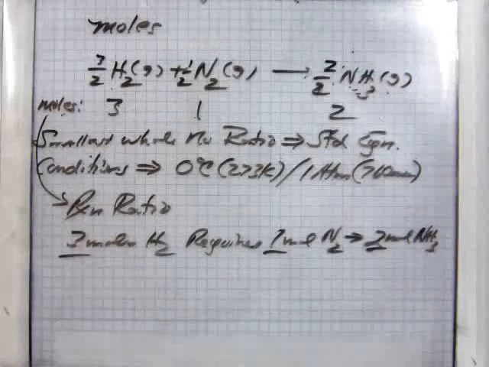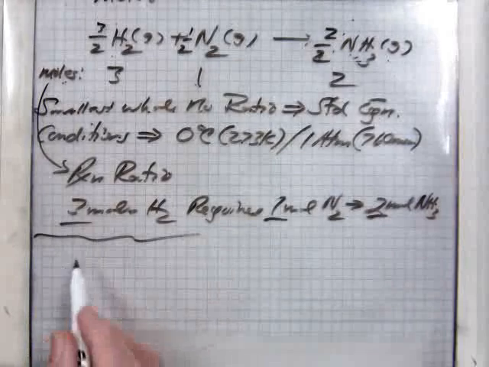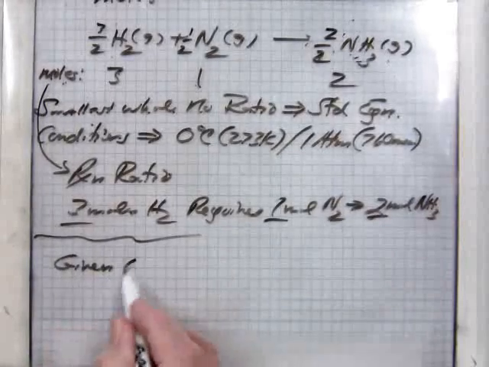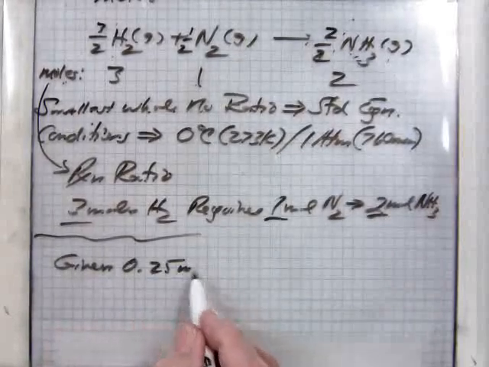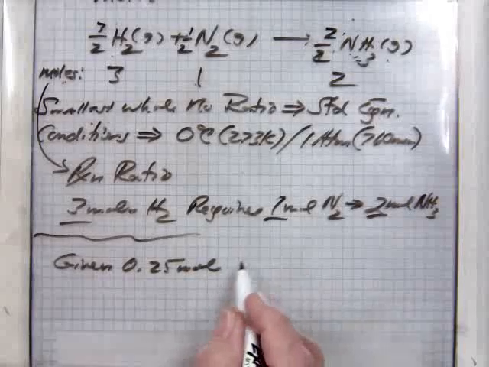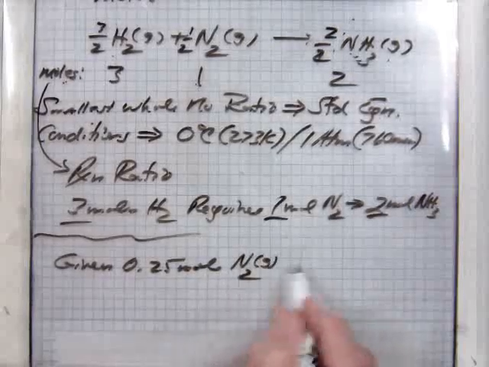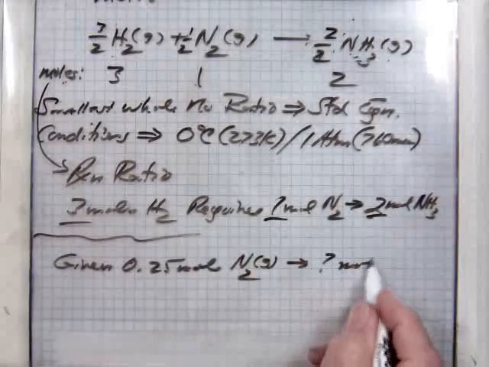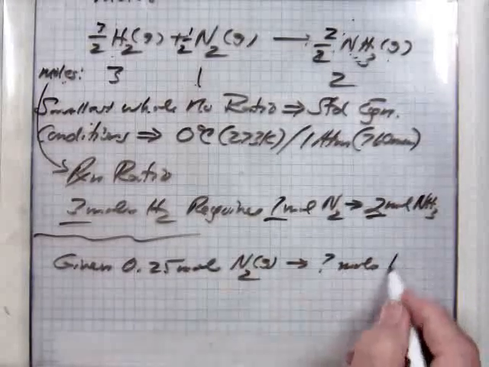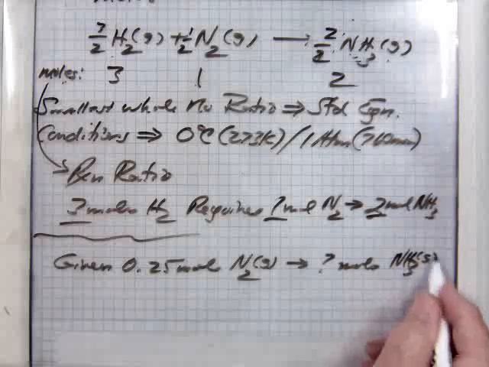Let's say you're given 0.25 mole of nitrogen gas. Well, how many moles of ammonia gas will be produced?